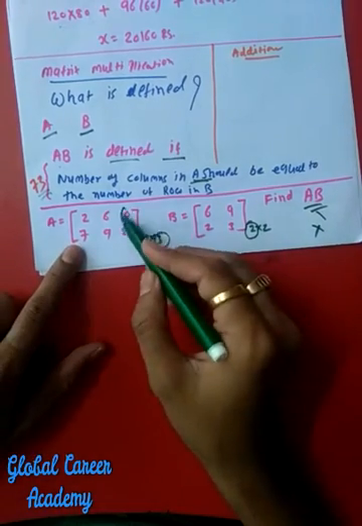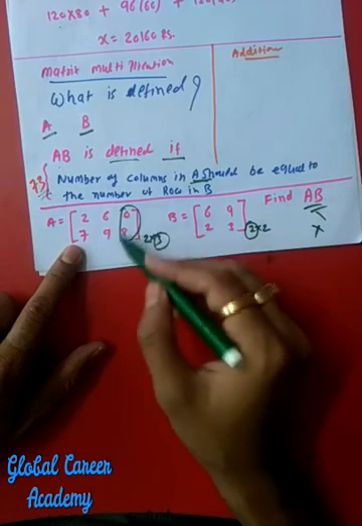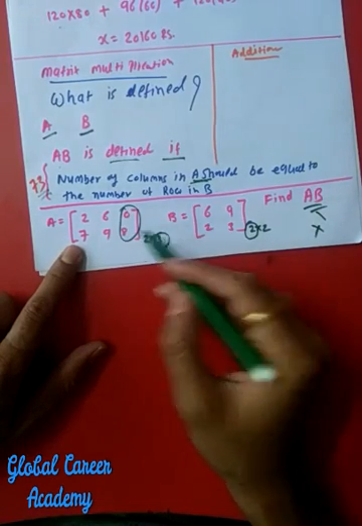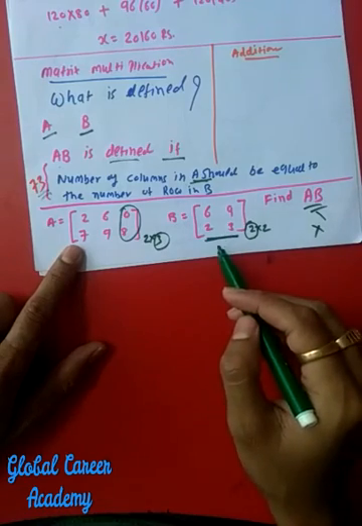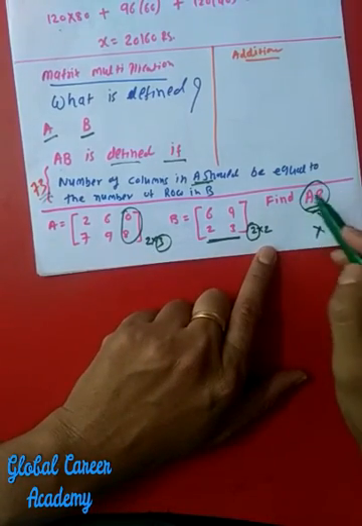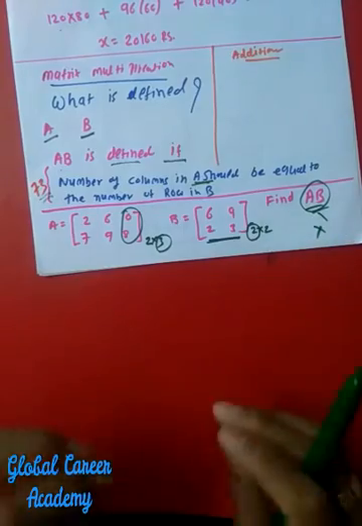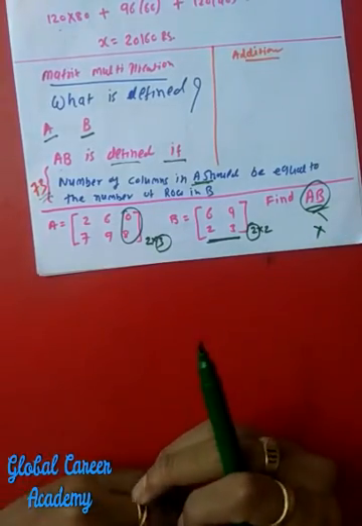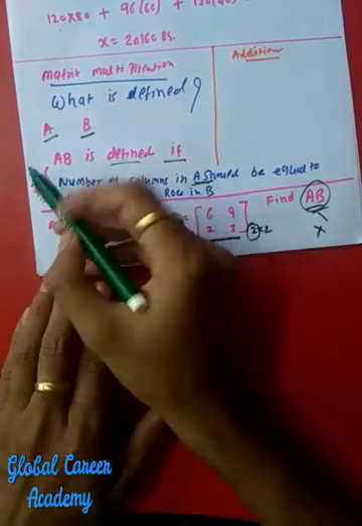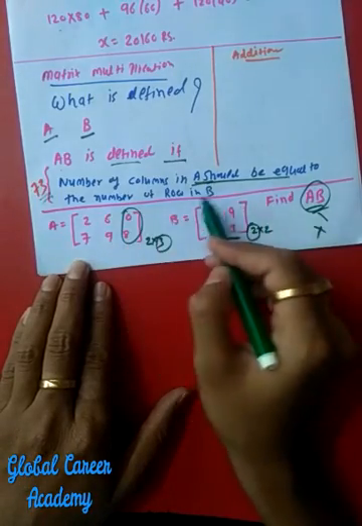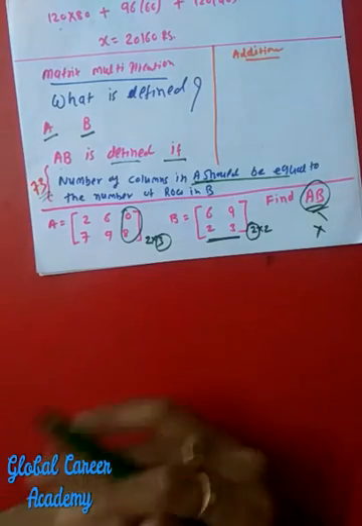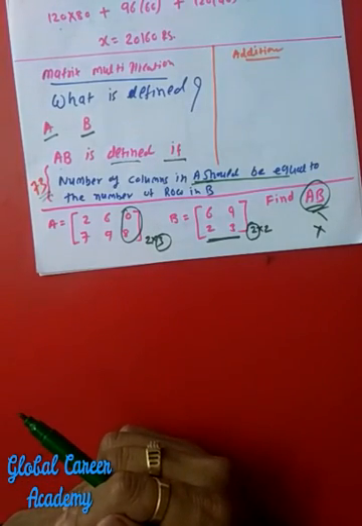That means आप ये लास्ट एलिमेंट है, लास्ट कॉलम के जो भी एलिमेंट्स है, यू कैन नॉट मल्टीप्लाई क्योंकि यहाँ पे और एक एक्स्ट्रा रो है ही नहीं, राइट? एंड दैट इज हाउ द ए बी कैन नॉट बी डिफाइंड. सो ट्राई टू अंडरस्टैंड द मीनिंग डिफाइंड. ओके, so I hope you have understood and you have to remember this important condition to find out whether the matrix is defined or not.